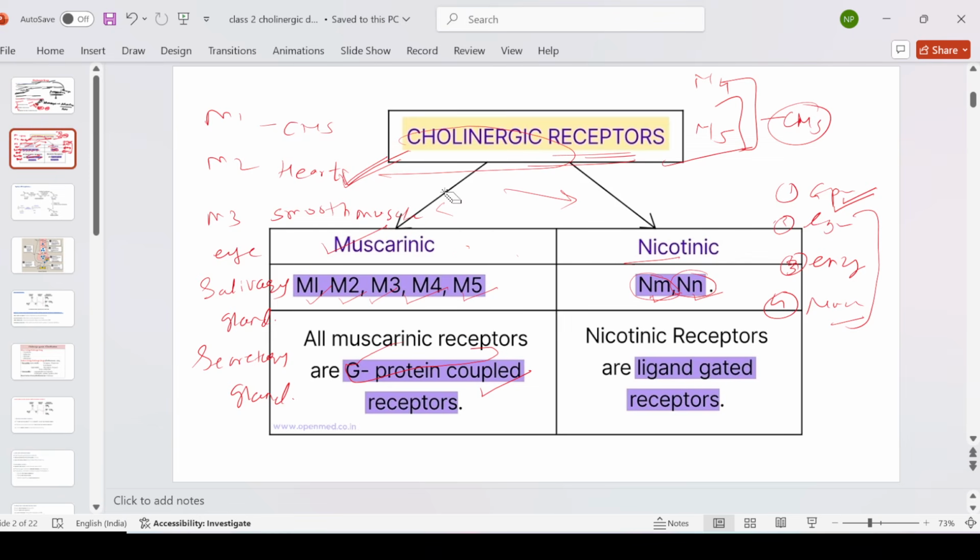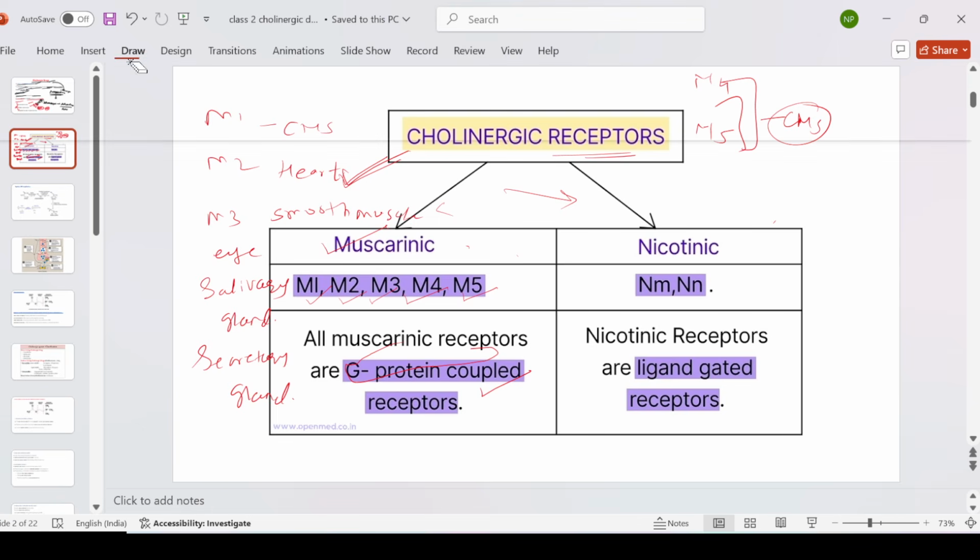Now we will understand about the nicotinic receptor. In cholinergic system, nicotinic receptor is of two types, NM and NN. This NM is present in the neuromuscular junction. You have to remember this.